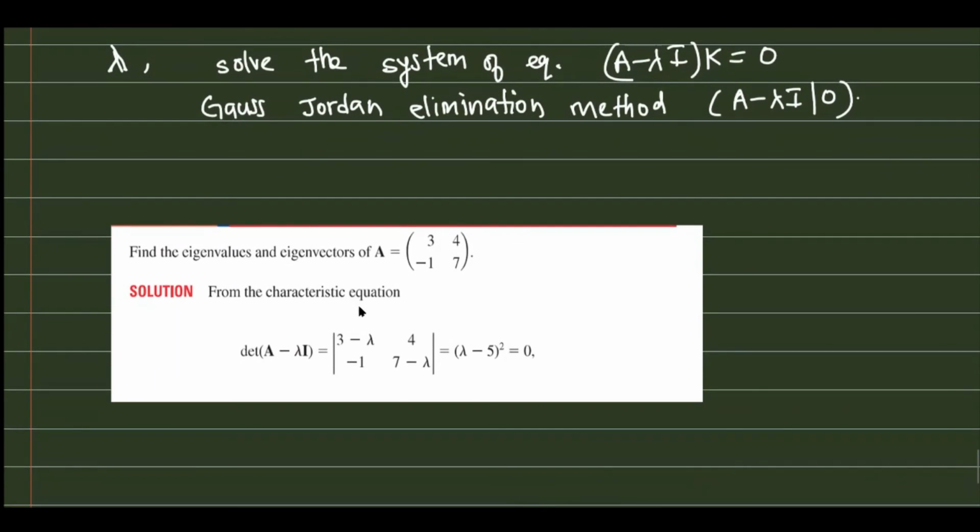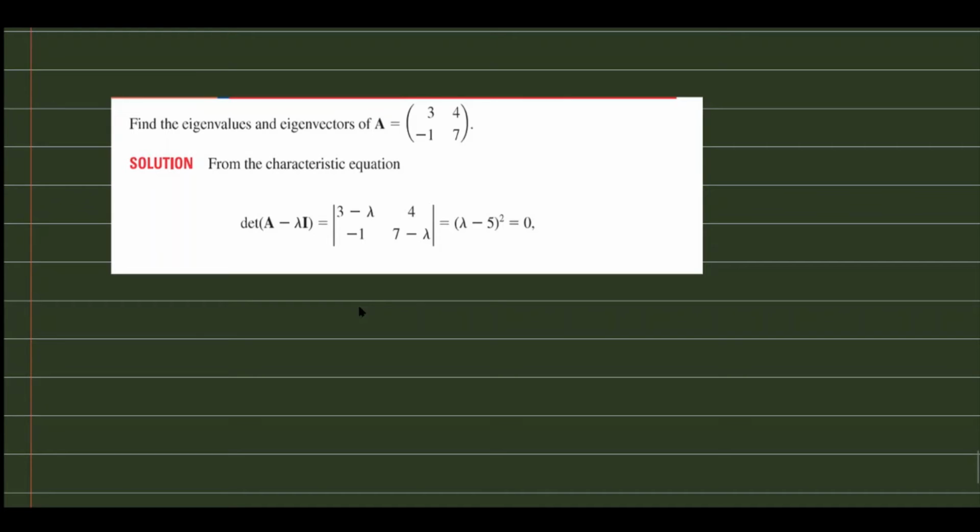Now we will see one problem. Find the eigenvalues and eigenvectors of the matrix A, where A equals [3, 4; minus 1, 7].